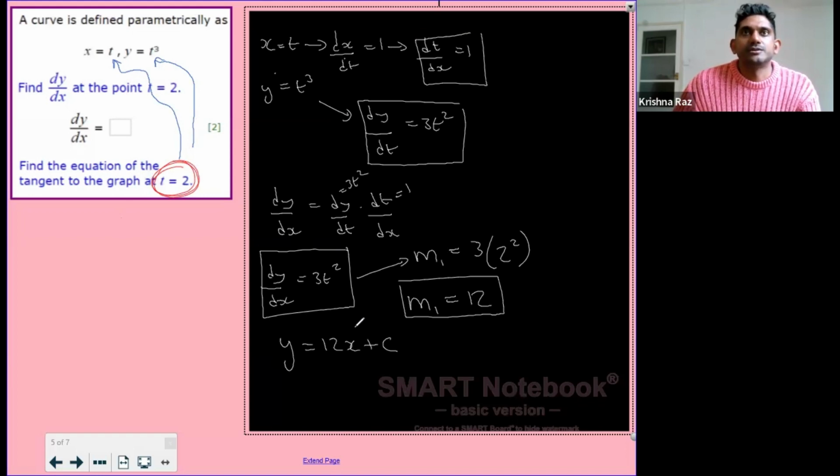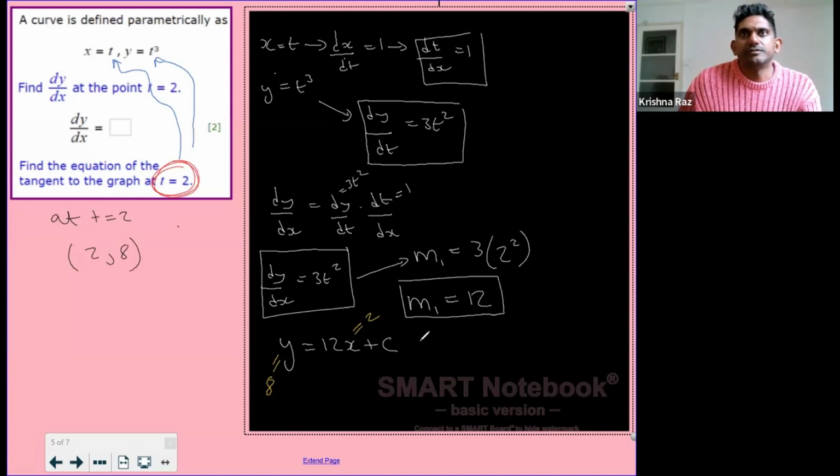So t is 2, so x must be 2. And y equals t cubed, and 2 cubed is 8. So those would be the coordinates when t is 2. So at t equals 2, x will be 2 and y will be 8. So that is our coordinate.